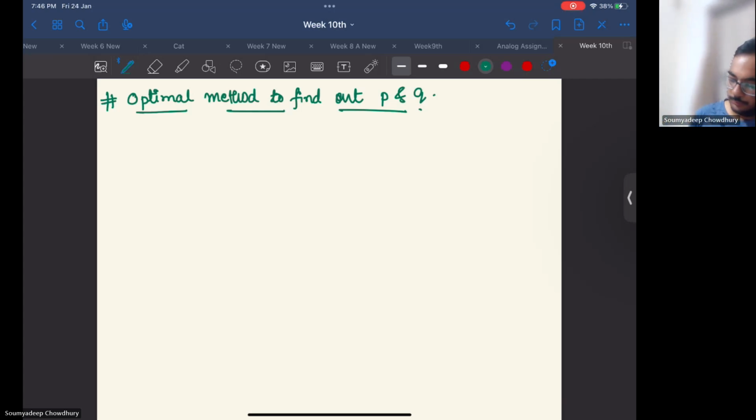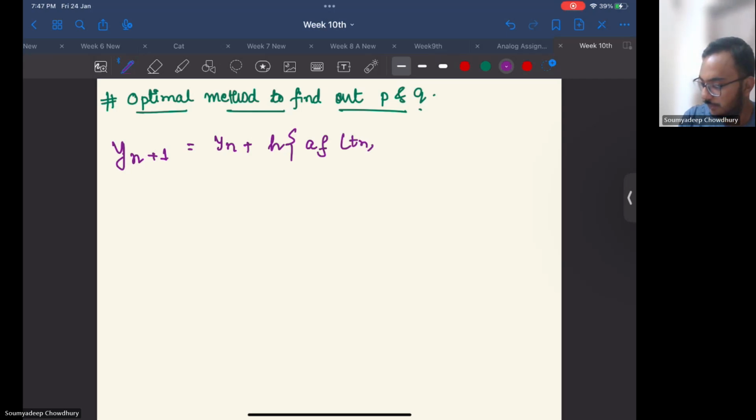So what can we write? We can write y_{n+1} is equal to y_n plus h times... this is from the Taylor series we are writing, right?